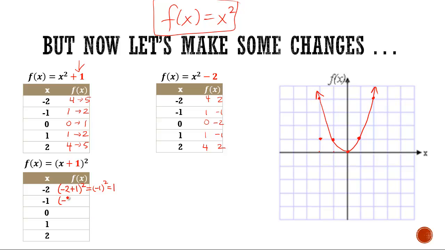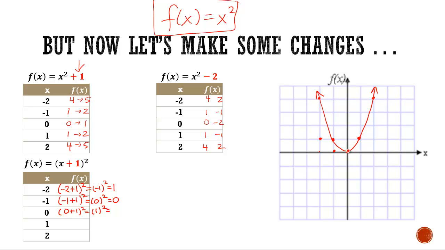Let's keep going. Let's try another one. -1 is being added by 1, but now it's going to be the same as an input of 0. So at -1, we now have a 0. Similarly, the 0 is now what it would have been at 1. So although it seems like it should shift right, it's actually shifting left because the point that was to the right of it is now being brought back 1.